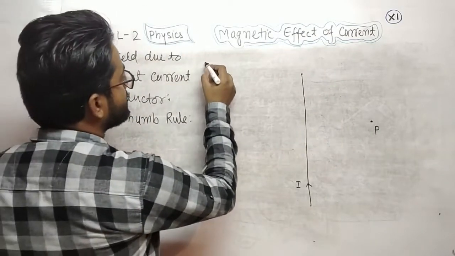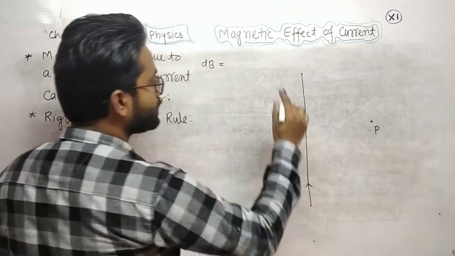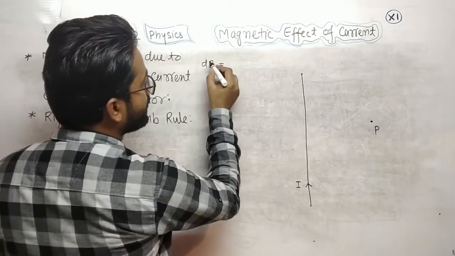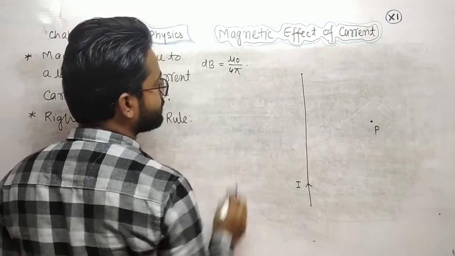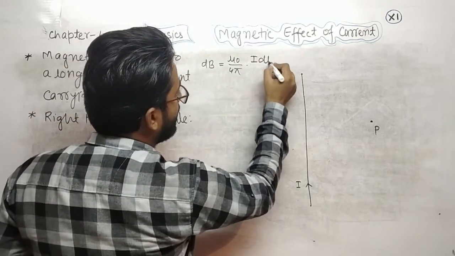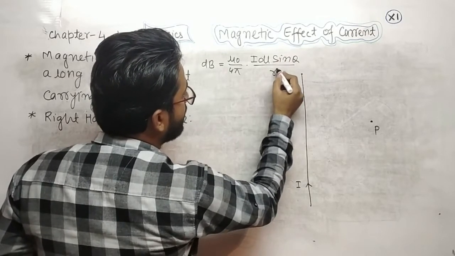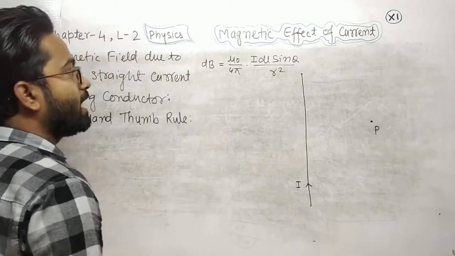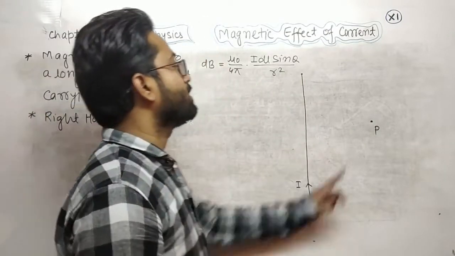We know that a small magnetic field due to a small element of the conductor is equal to mu naught upon 4 pi, I dl sine theta upon r square, where r is the distance between that particular element and the point where we need to calculate the magnetic field.